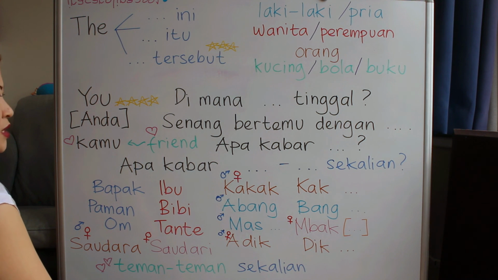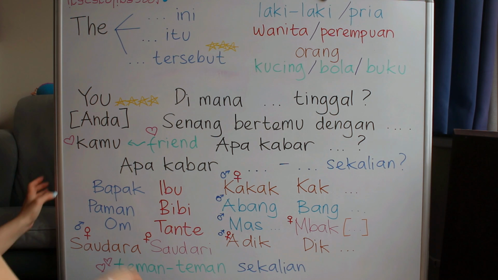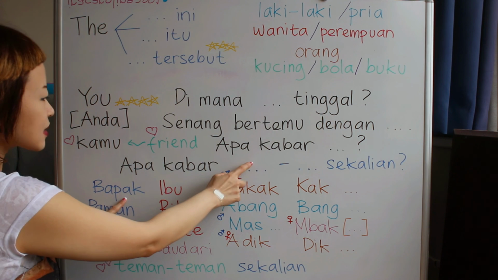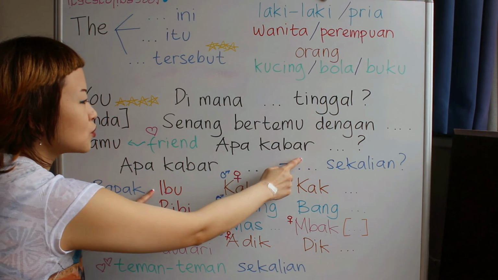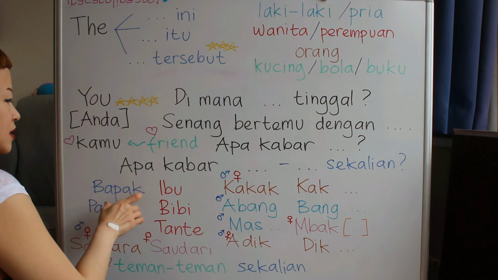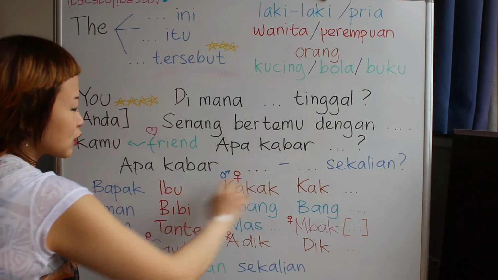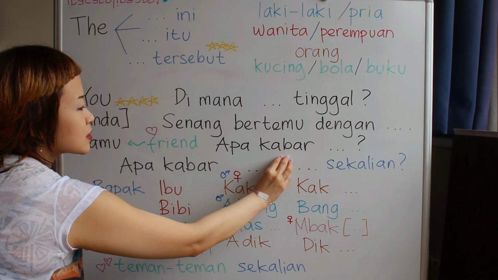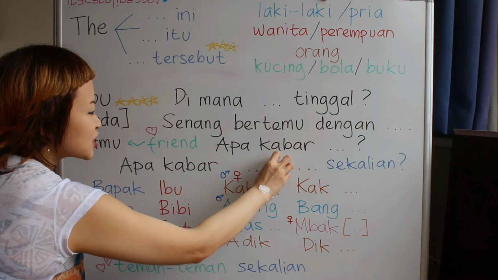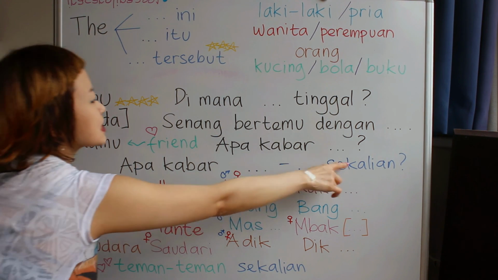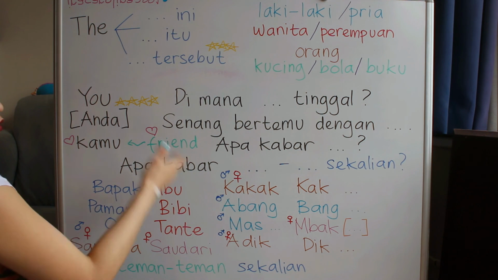How about if in the room there are sir and madam? Of course, we say apa kabar Bapak and then Ibu sekalian. In this case, if we mix Bapak Ibu, because it's not repeating the same word, we don't use the stripe. We just put Bapak Ibu sekalian. How are you?